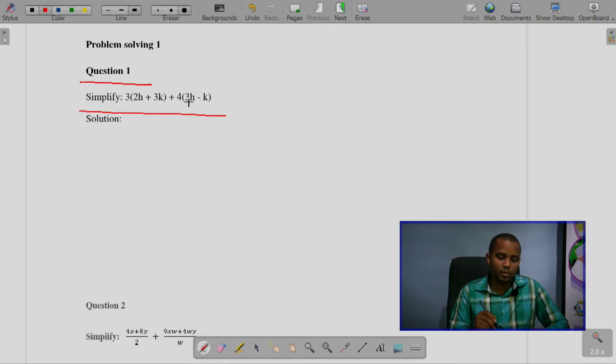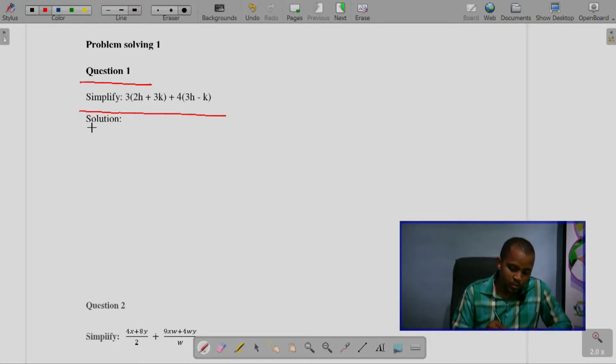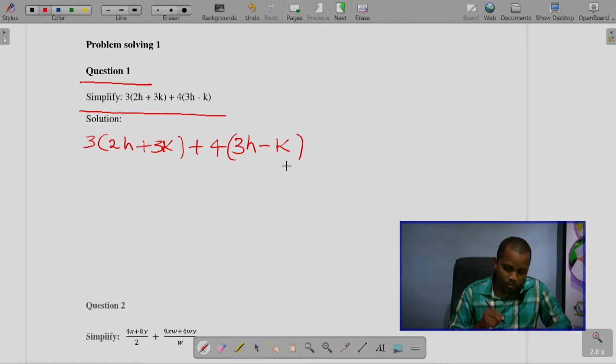Step number 1 is to write the expression that we are given. This is the first step, to write the expression given.